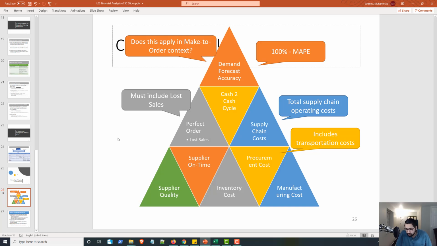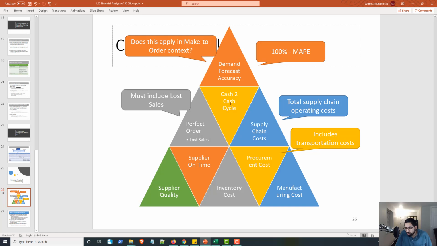Perfect order means the customer gave you an order, and you did perfect execution in terms of quality, in terms of delivery time, in terms of having it in stock. All of that was perfect. So what percentage of the orders you get are you able to serve in a perfect fashion without anything going wrong? That's the perfect order metric.